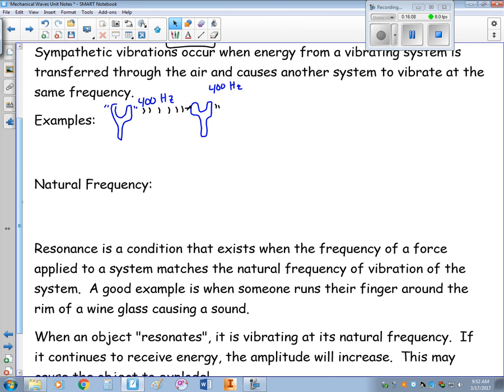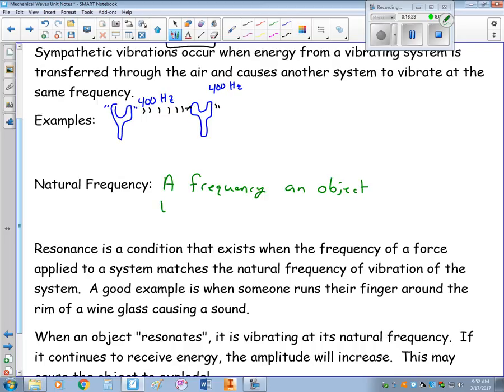A natural frequency is a frequency an object will naturally vibrate at. A lot of things have a natural frequency: glasses, bridges, road signs, tuning forks.